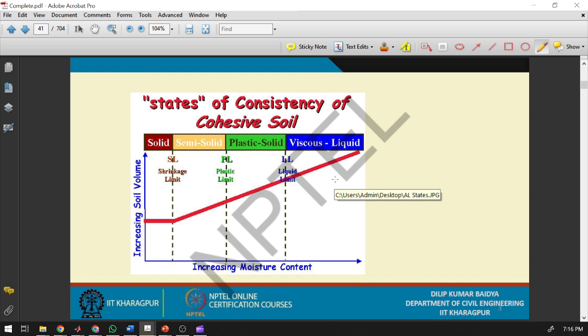It is oversaturated. So as you reduce the water content, the volume of the soil will reduce.